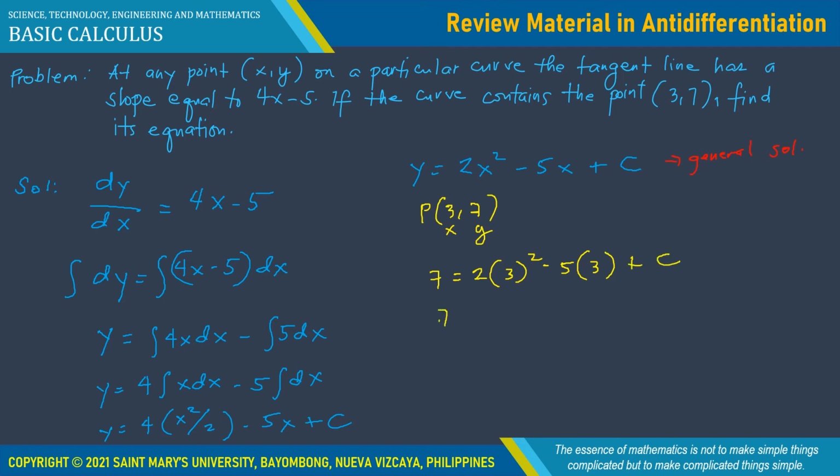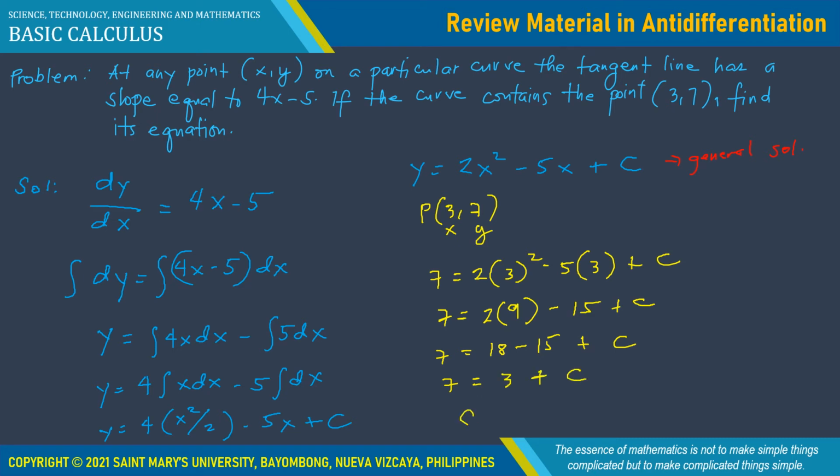So, we have 7 is equal to 2. 3 squared is 9. 5 times 3, 15. Plus c. Okay? So, we have 7. 2 times 9 is 18. Minus 15 plus c. So, we have 7 equals 18 minus 15 is 3 plus c.